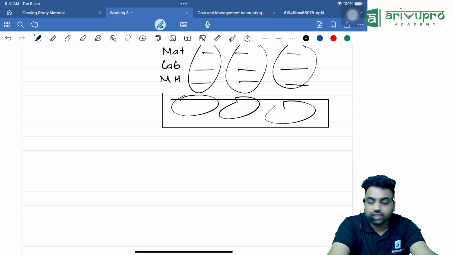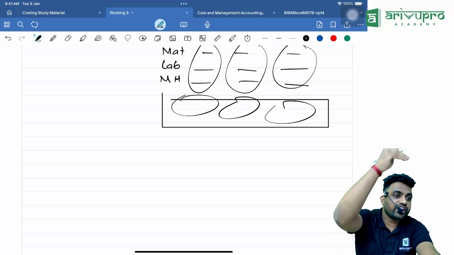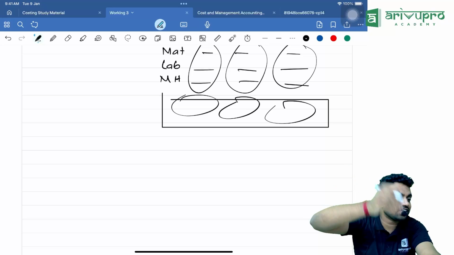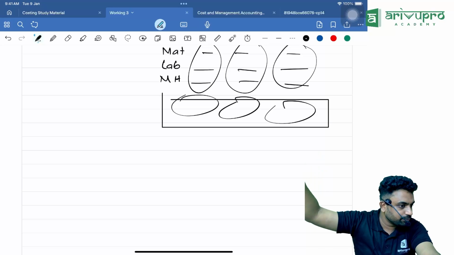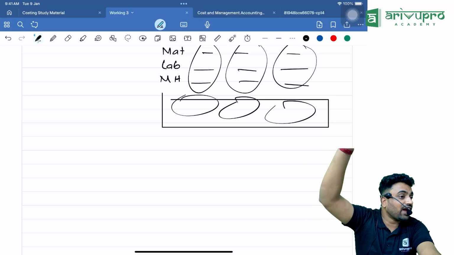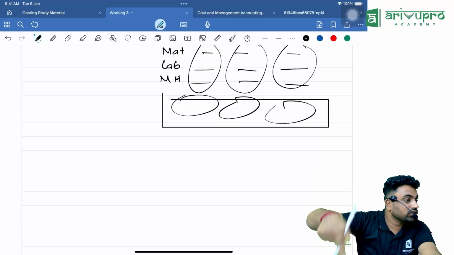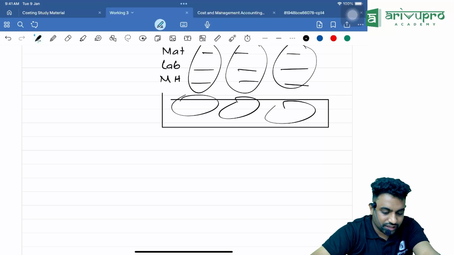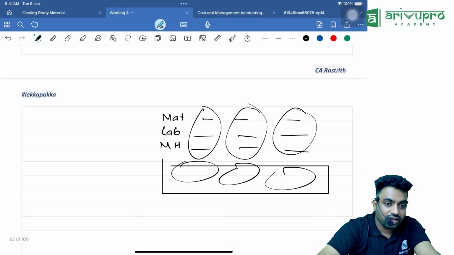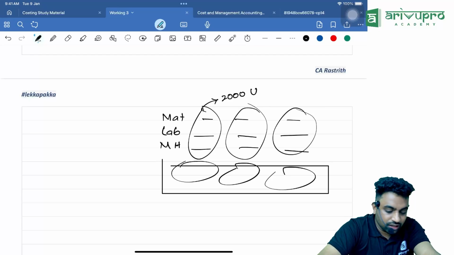Understanding, right? Whenever they give more than one key limiting factor, you should calculate for each and every limiting factor how many units you can produce. Out of all the factors, the lower is what you can produce. Because let's say as per material you can produce 2000 units, but as per machine hours you get 1500 units.